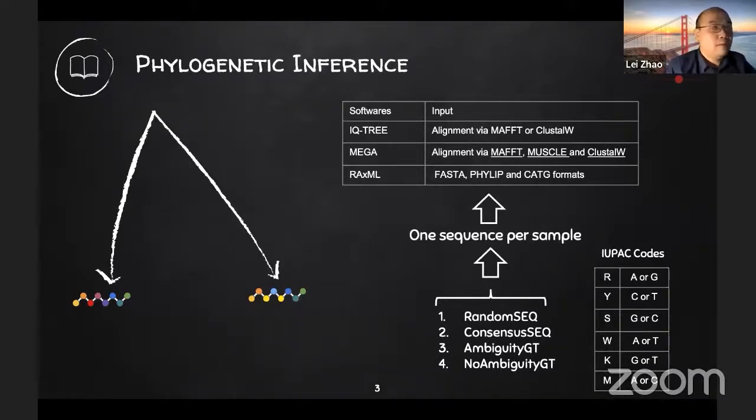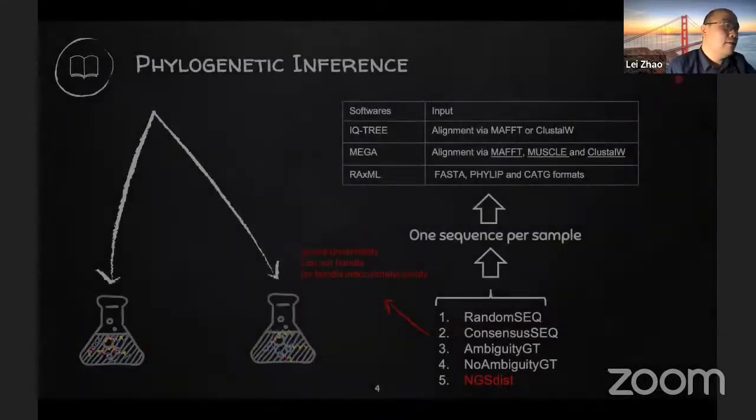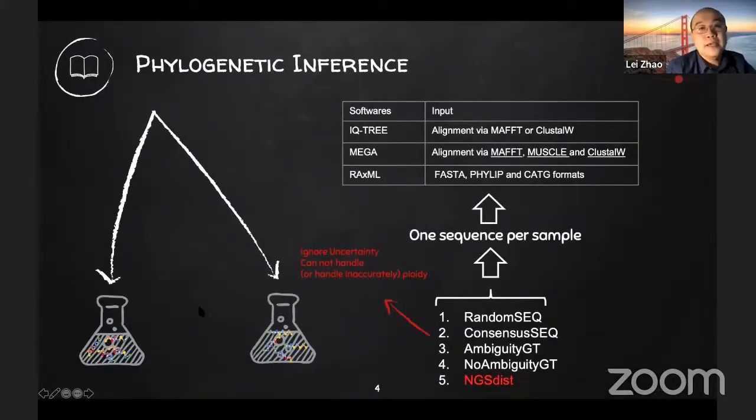But all these four methods just allow you to use one sequence per sample to infer the relationship. If our sample is from modern NGS data, we will have a lot of short reads, and the short reads will be piled up along the reference genome. Because of base calling error, some of the reads are not that accurate.